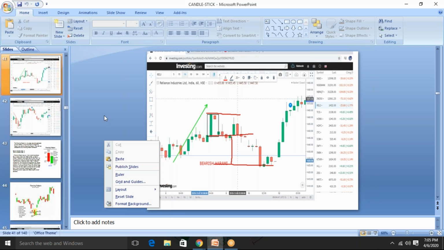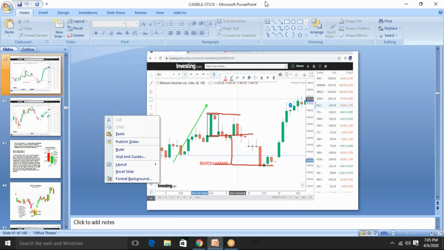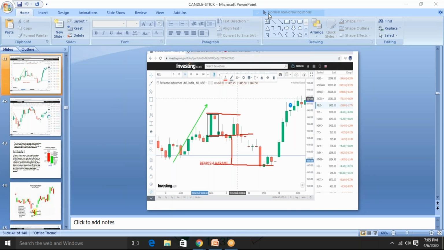Harami, does anyone have a doubt, please? Ratneji, how can I identify that this is a harami candle? See, sir, for harami we have to see the 10 to 12 candle trend.